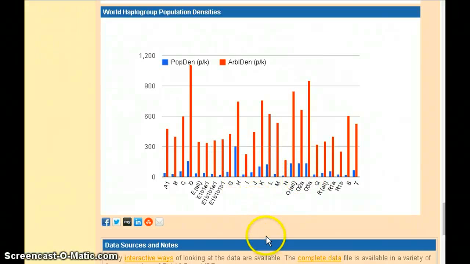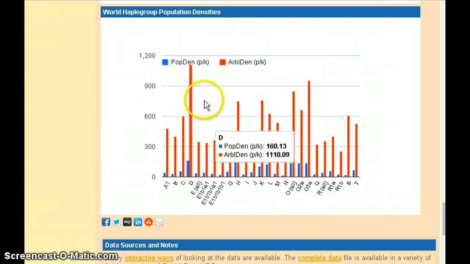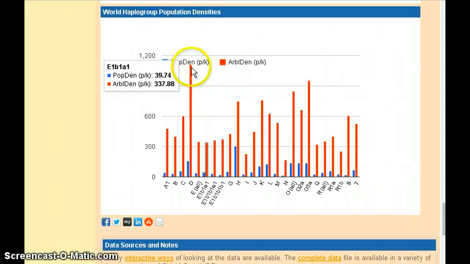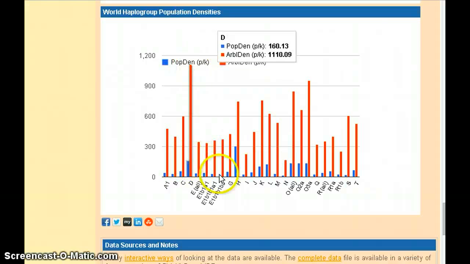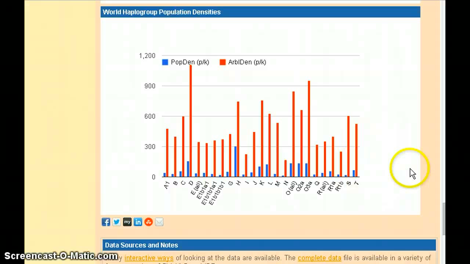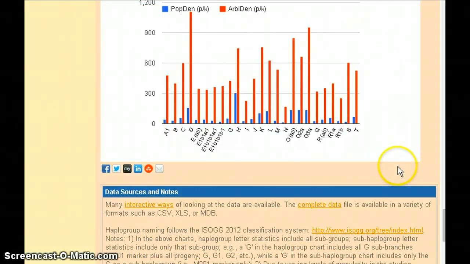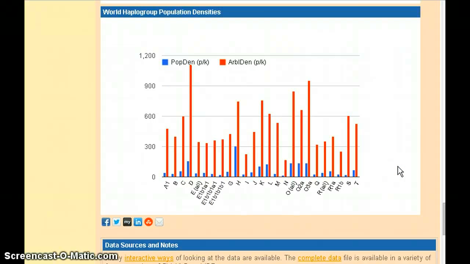And here there are some very wide gaps in the D category between arable land and population density, and we can see that there are going to be some bottlenecks up ahead, according to these data.